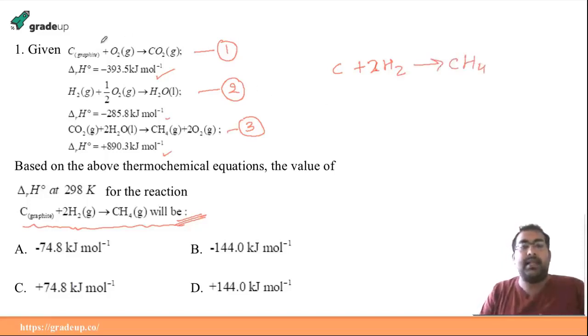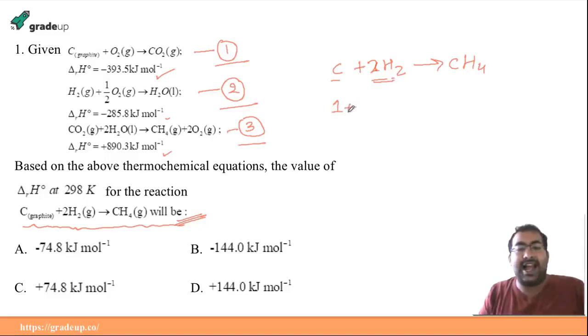So somehow we need to rearrange these reactions 1, 2 and 3 to get to this. We need the first reaction, because we need graphite, and we need H2 two times.